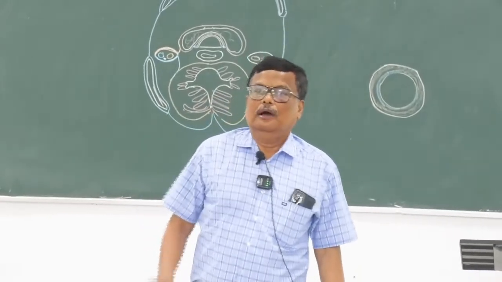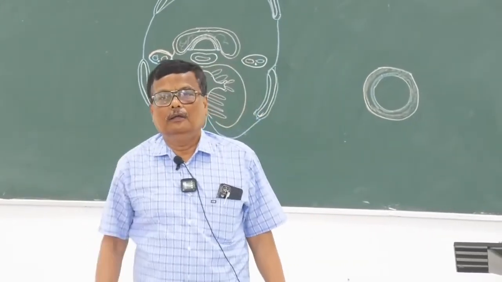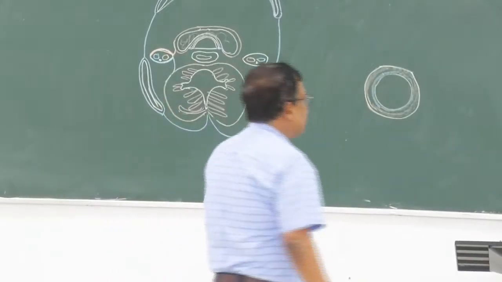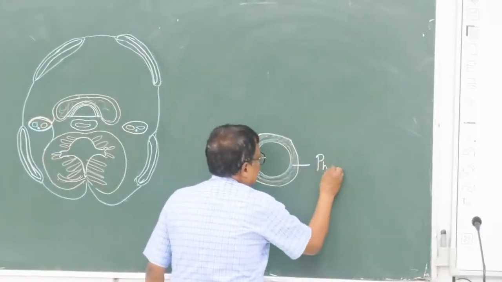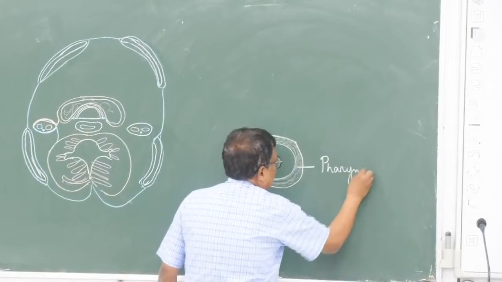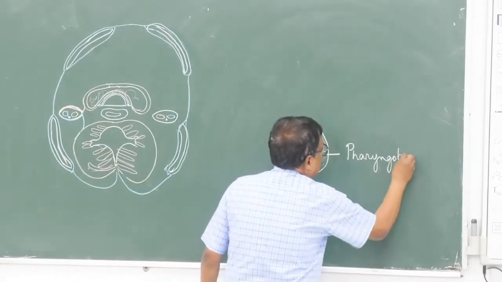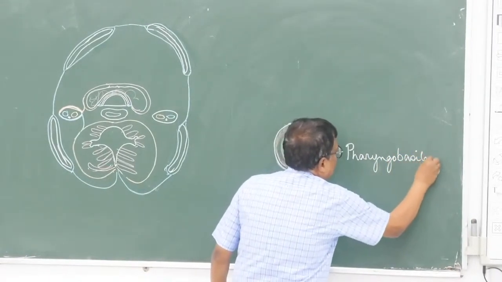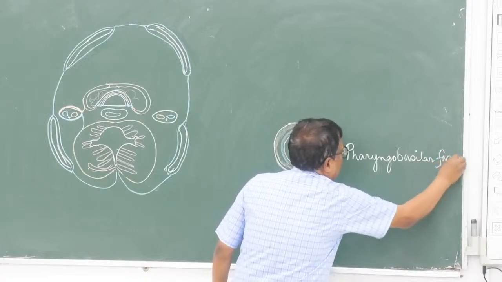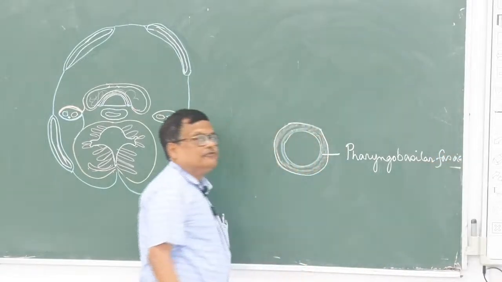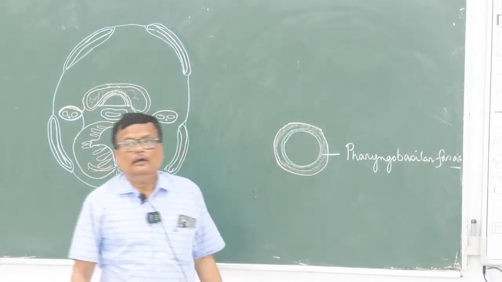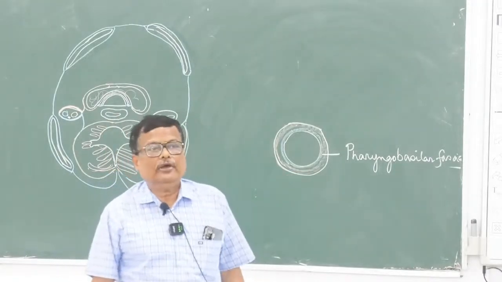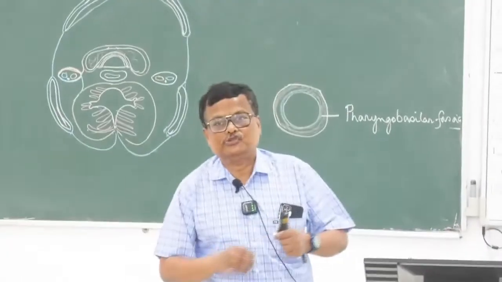pharyngobasilar fascia. We do not call it submucosa here, what do we call it? Pharyngobasilar fascia, which is also derived from the deep fascia. And the muscularis externa in the pharynx has a peculiar arrangement.